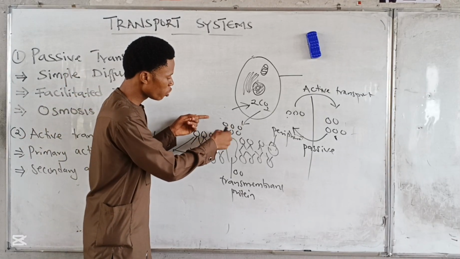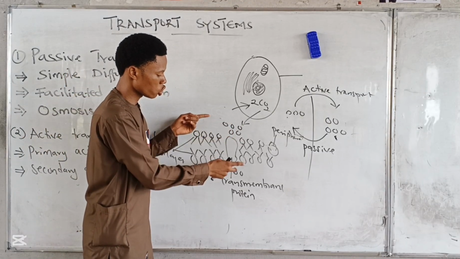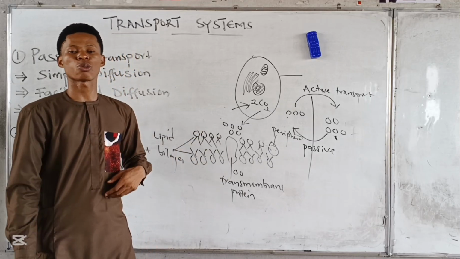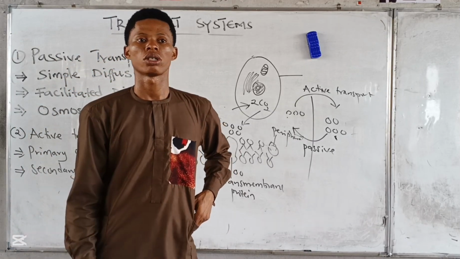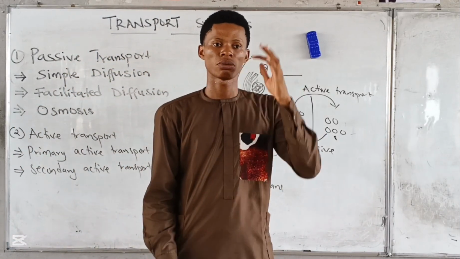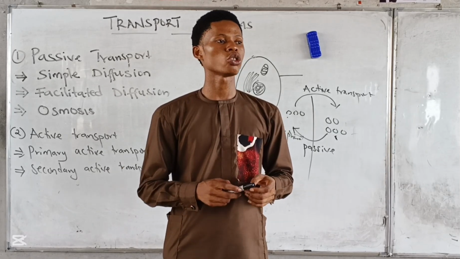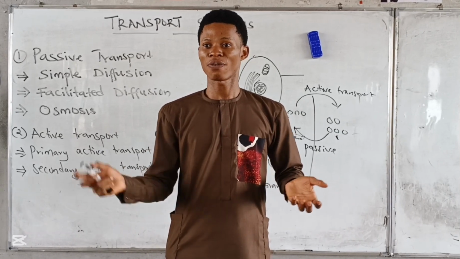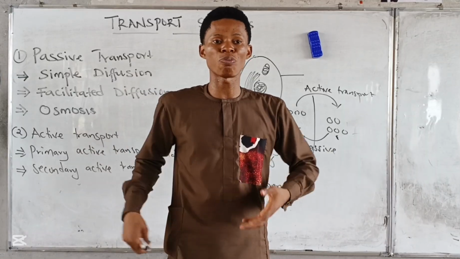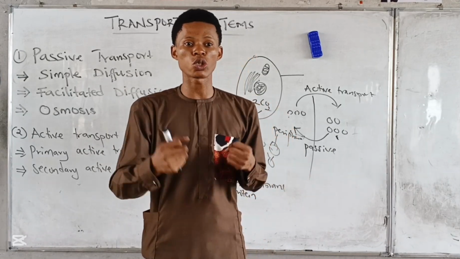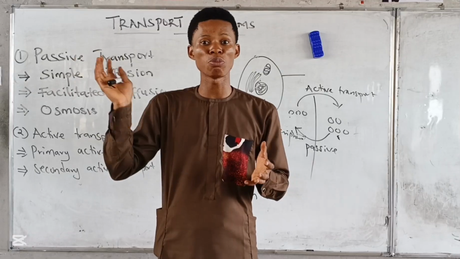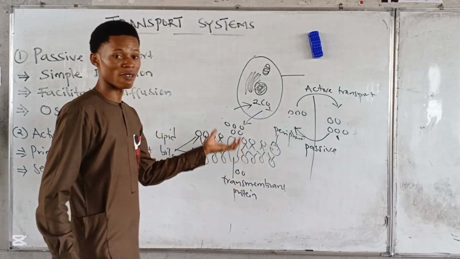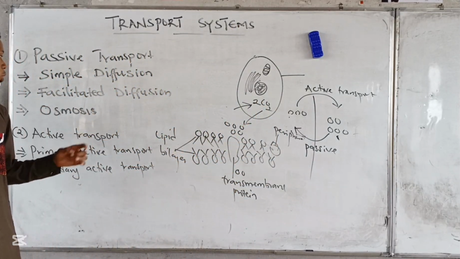So movement of this molecule from high concentration to low concentration through a transport protein. Let me ask you a question. Among simple diffusion and facilitated diffusion, which one do you think will be faster? Facilitated diffusion, right? Facilitated, aided, something is helping it to move. So facilitated diffusion is faster than simple diffusion.